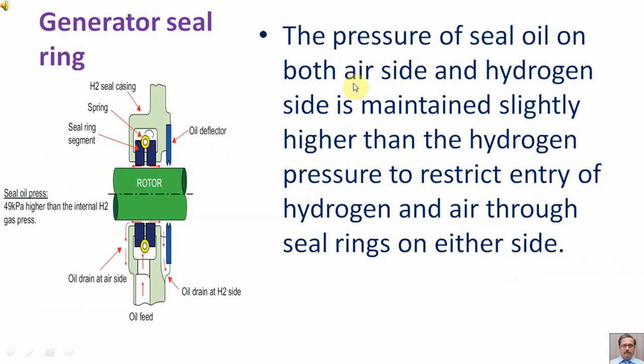The pressure of seal oil on both air side and hydrogen side is maintained slightly higher than the hydrogen pressure to restrict entry of hydrogen and air through seal rings on either side.